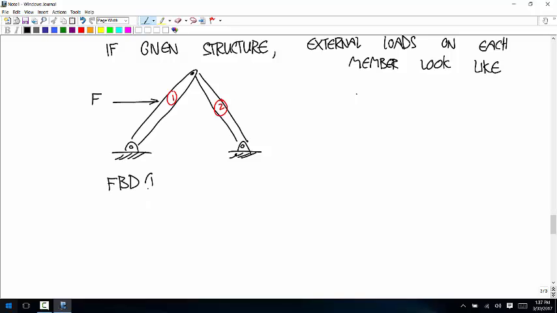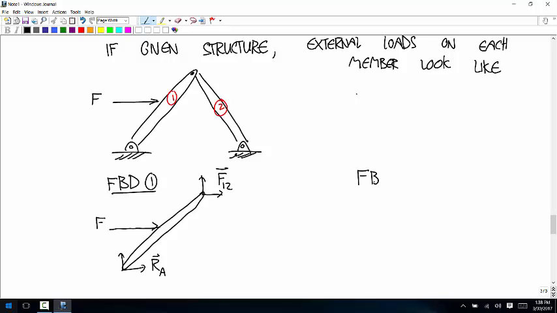a free body diagram of member 1 looks something like this. You have a force vector RA. You have a point force F. And up here you have a force F12. And the free body diagram of 2 looks something like this.